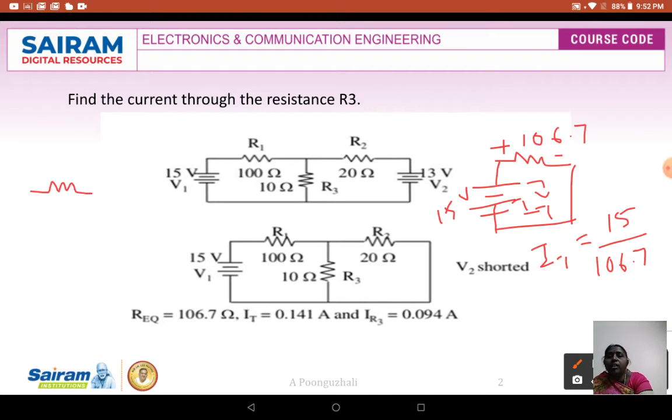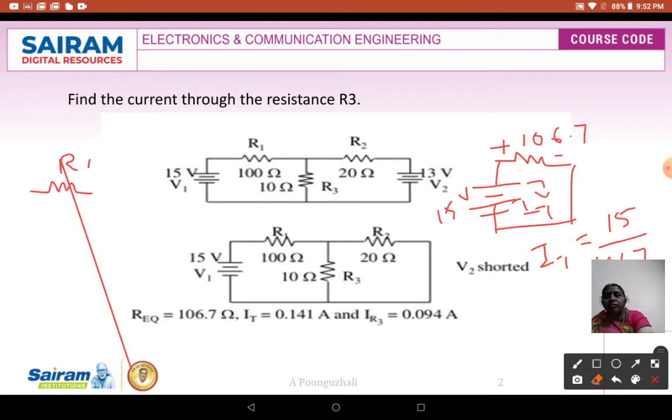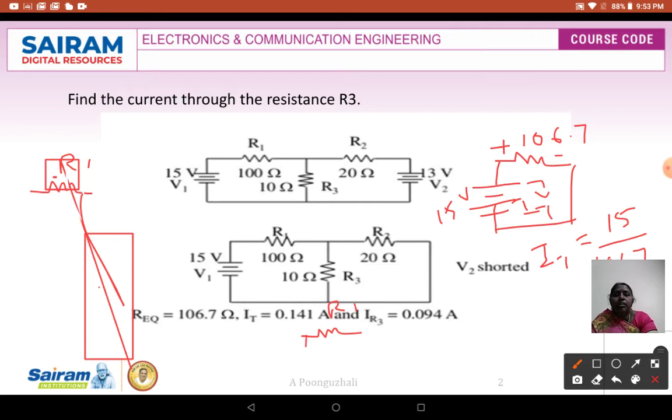This is your R1, this is your voltage source 15 volts, this is your resistance R3, and here I have your resistance R2.